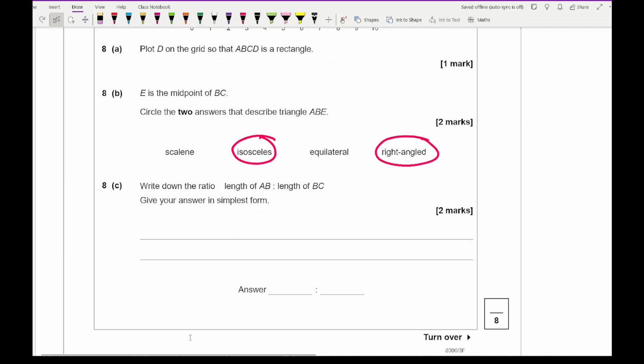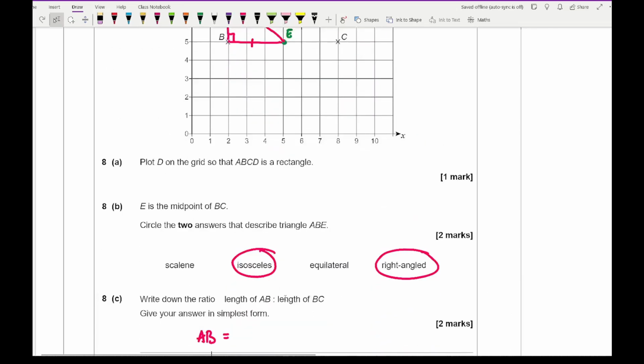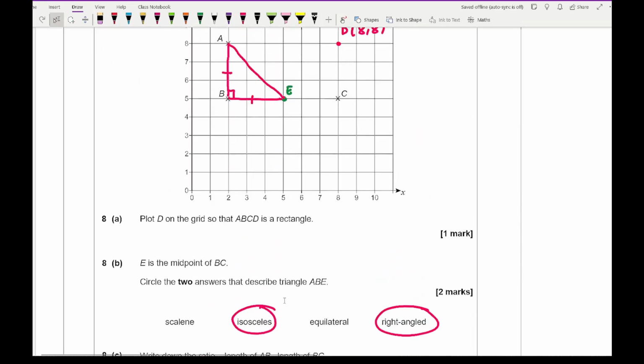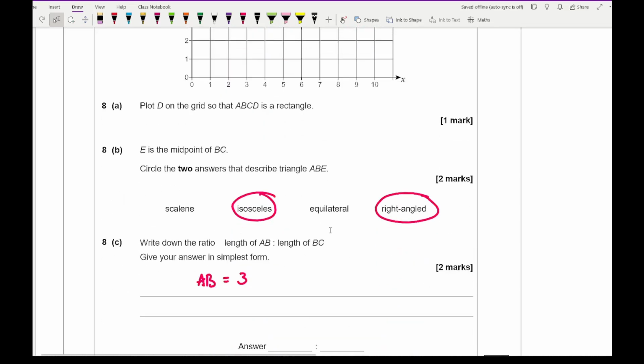Moving on to 8C, it says write down the ratio of the length of AB to the length of BC. Well, let me just go back, the length of AB is 3 squares, and the distance of B to C is 6 squares.